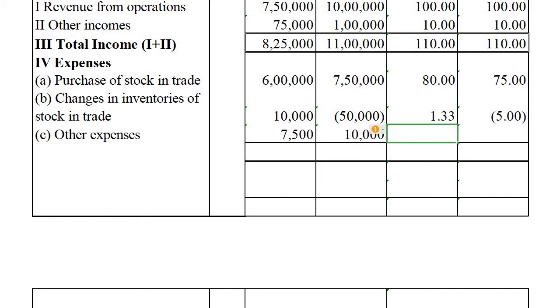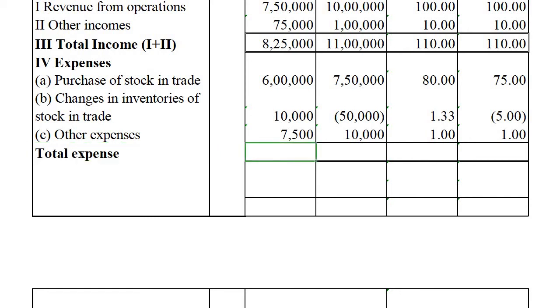Okay, so 7,500 divided by 7,50,000, we will get 1%, and for the current year 10,000 divided by 10 lakh into 100, that means there also 1%.